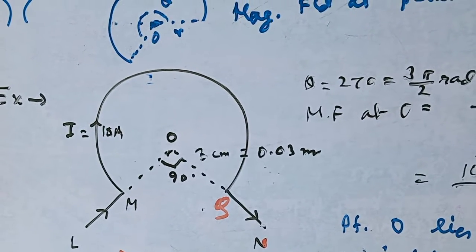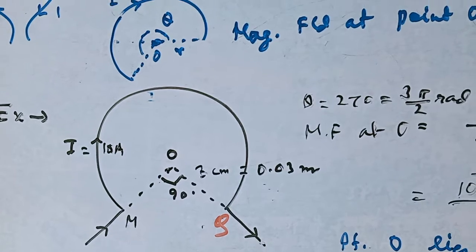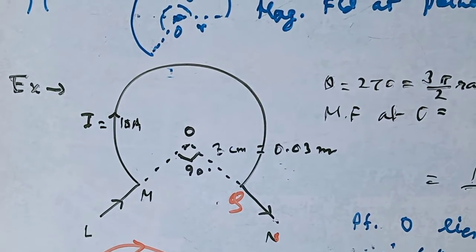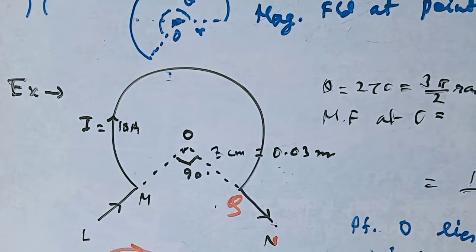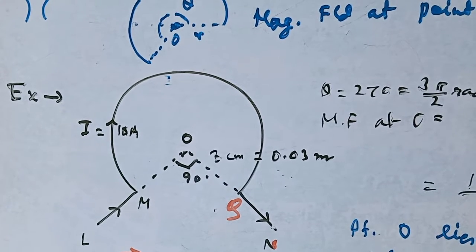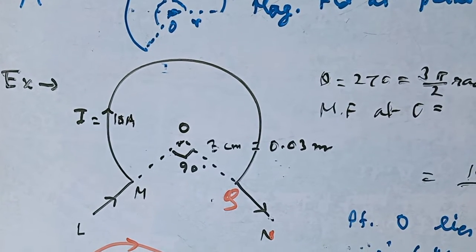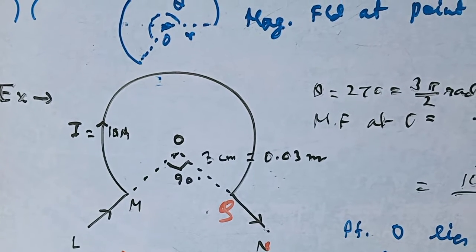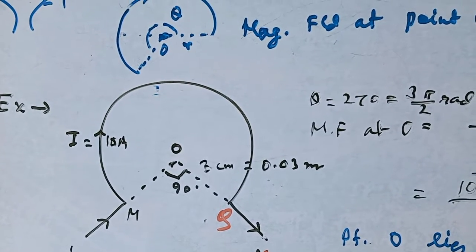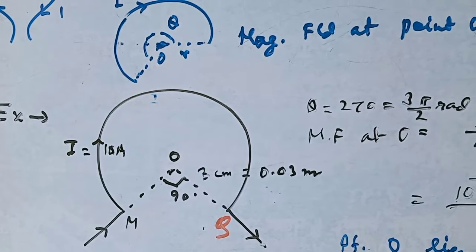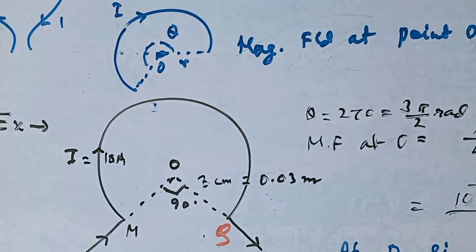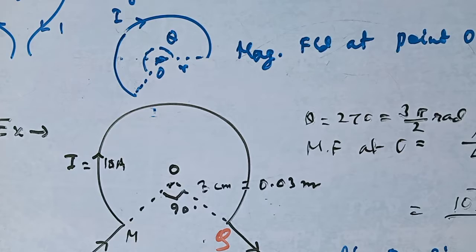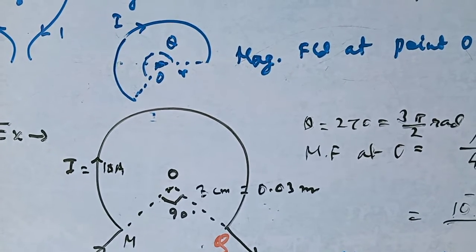Now while calculating the magnetic field at the center O, you have to calculate the magnetic field produced due to LM, due to the arc MQ, and again due to the straight line QN. See here, LM and QN and O are collinear. LM lies along the same straight line on which O belongs. So the magnetic field at O produced by LM and QN will be equal to 0.